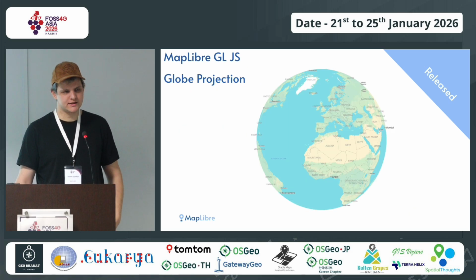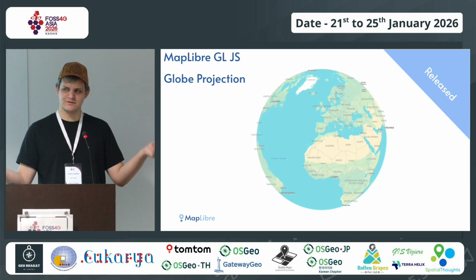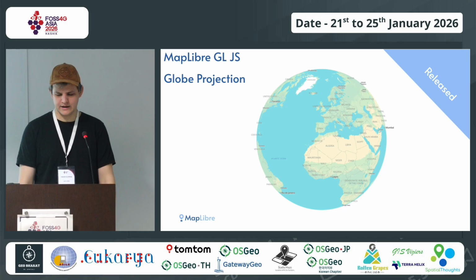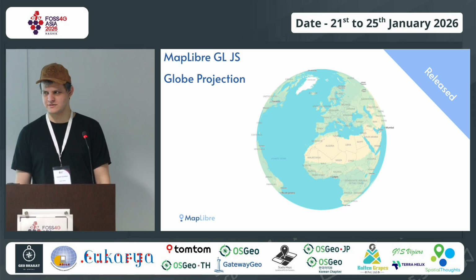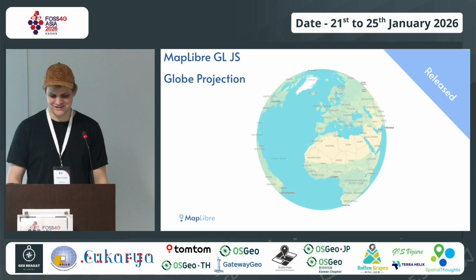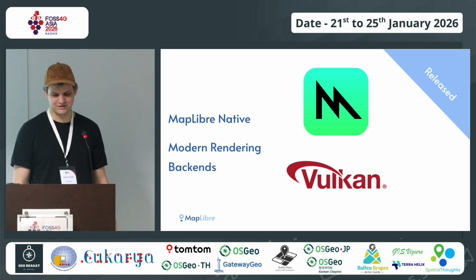We also last year released our globe projection, so now we support the web Mercator projection and the globe projection. I think that with these two, we support both of the projections that you might want. You might differ on that. We can talk afterwards. So yeah, things are great.